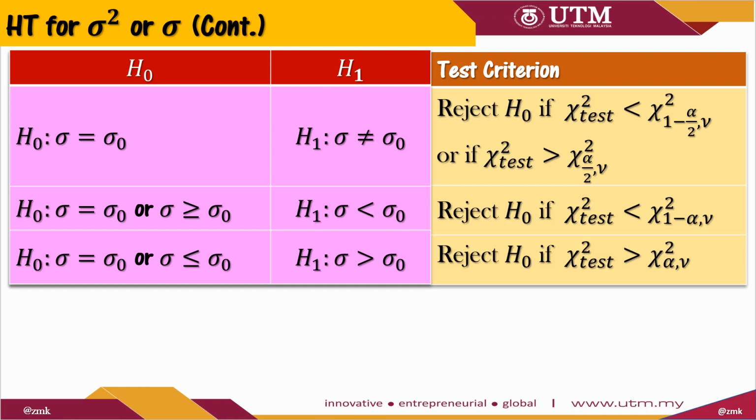For example, if you test sigma equal to 2, you are actually testing sigma squared equal to 4, right? If under H1 say sigma is greater than 2, you actually have under H1 sigma squared is greater than 4. Am I right?